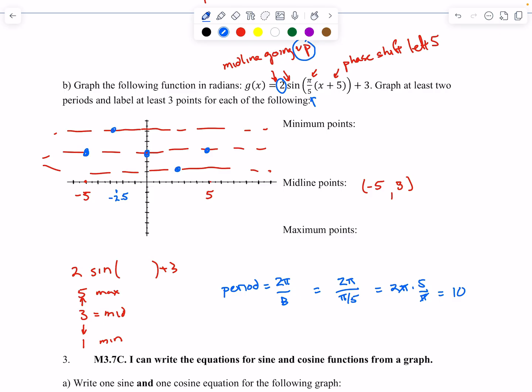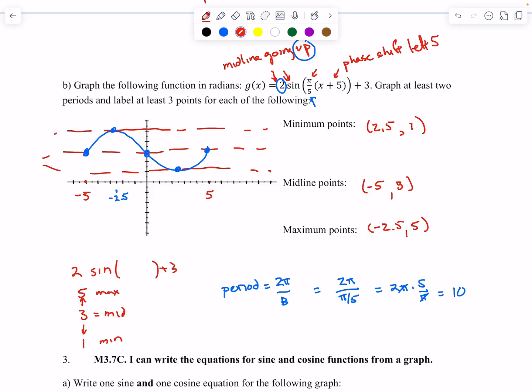And at 2.5, I'm at the bottom. Okay, so a minimum point would be at 2.5, comma, height is 1. Maximum point, -2.5, comma, height is 5 at the max.